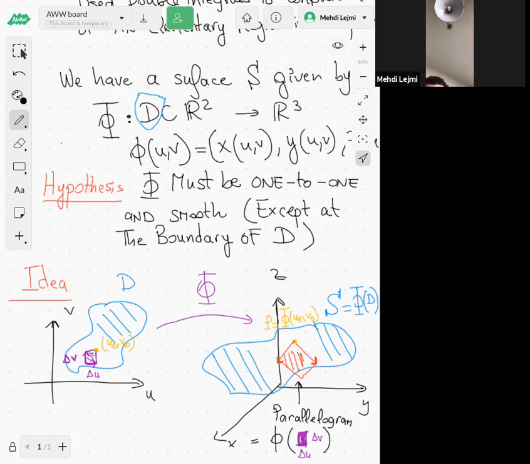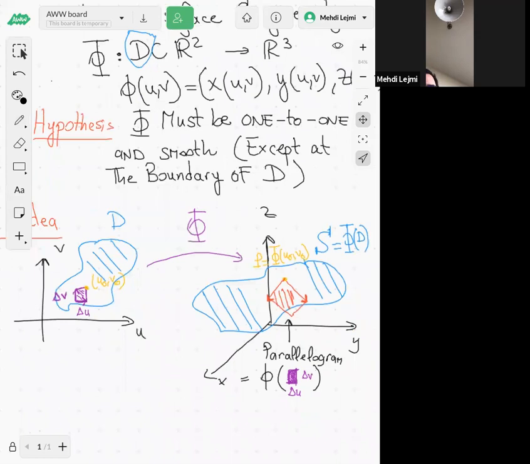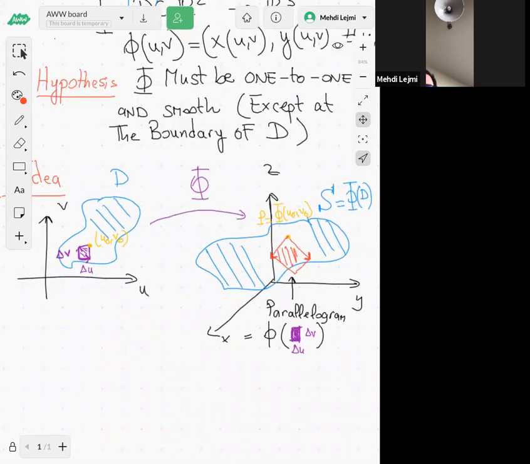All right, guys. And so again, think of these rectangles. They are very, very small rectangles, right? And so when they are very, very small, you can just approximate this very small rectangle using vectors in the tangent space. So I claim that the image here would be a parallelogram spanned by the vectors.